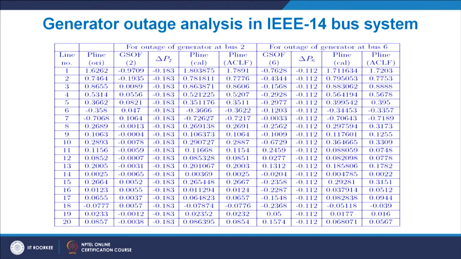So what we can see here is that this approach very quickly gives me the new values of line flows in the event of an outage of any generator, without needing the full AC load flow, and these newly calculated values are reasonably close to the ideal values.